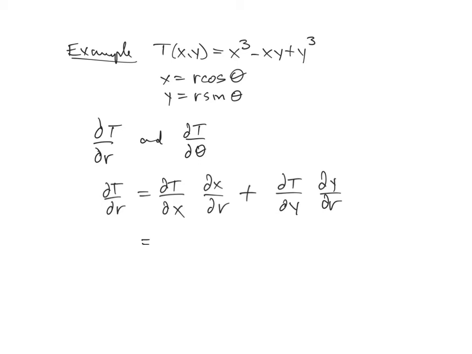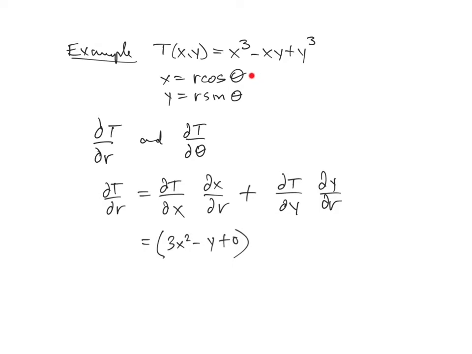So what's the partial derivative of T with respect to x? We take the derivative with respect to x of our original T function, holding y constant. So we get 3x squared minus y plus 0, because y is a constant when we take the derivative with respect to x. Now we multiply that by the partial derivative of x with respect to r.